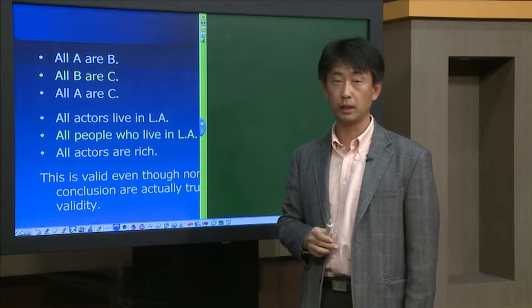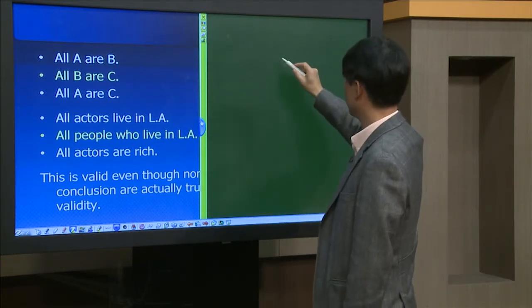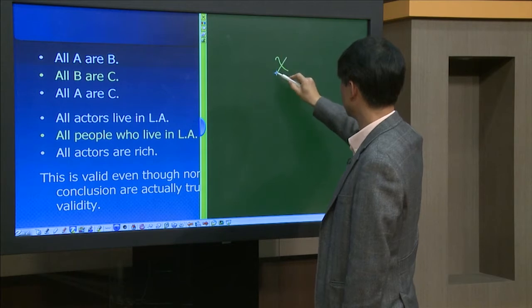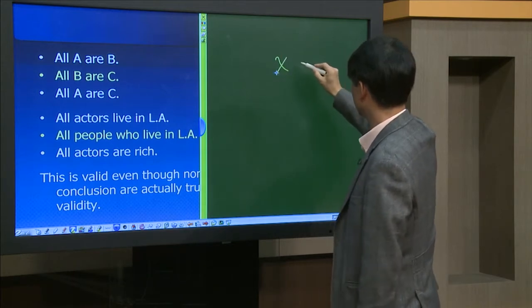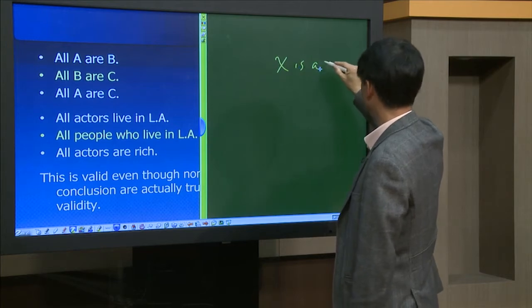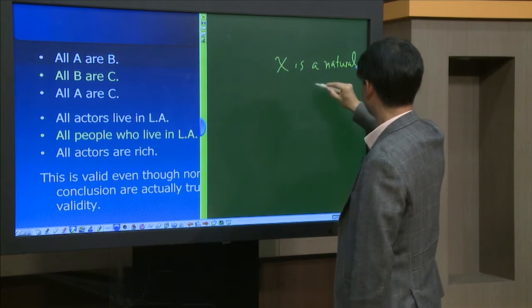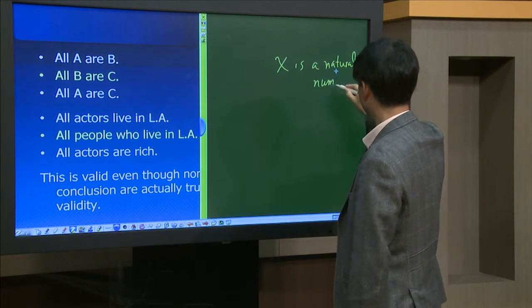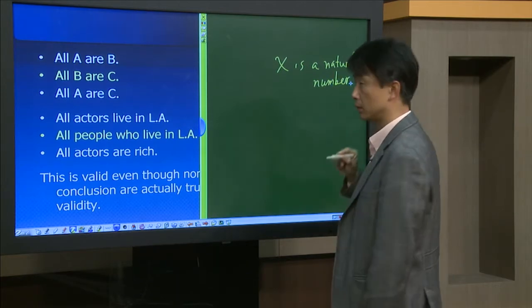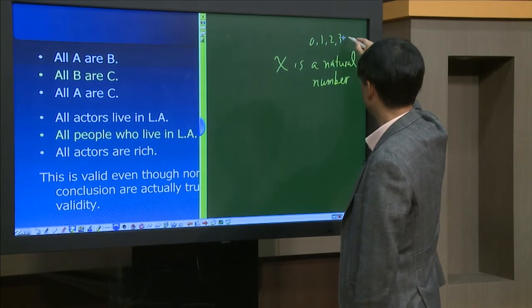Suppose someone argues in the following way. X is a natural number, like 0, 1, 2, 3.